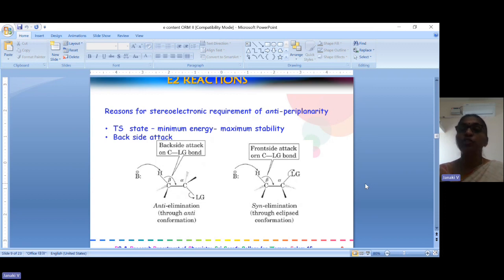In the case of anti geometry, the beta C-H bonding electrons displace the leaving group from the backside, and this attack is energetically advantageous. Suppose in the case of syn elimination, the front side attack of carbon to the leaving group is there. This is energetically less favored. So the backside attack is more energetically favored for the anti-elimination to occur.